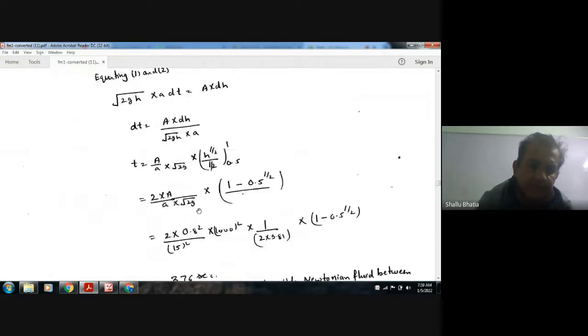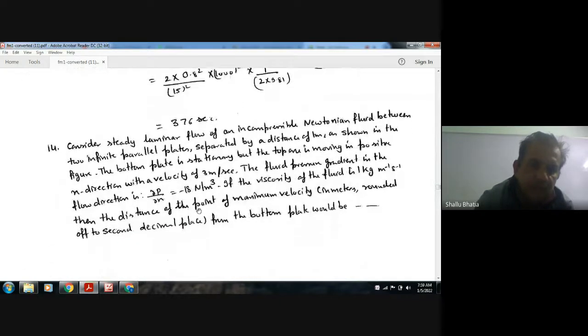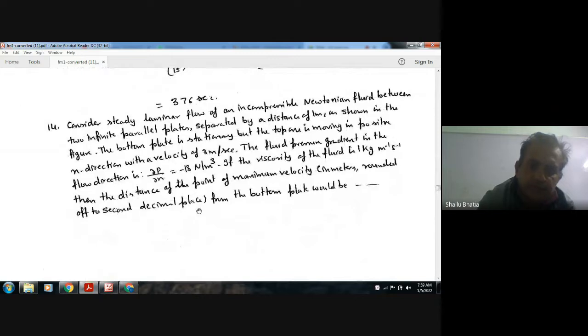Okay. Next, consider steady laminar flow of an incompressible Newtonian fluid between two finite parallel plates separated by a distance of 1 meter, shown in the figure. The bottom plate is stationary, but the top one is moving in the positive x direction with a velocity of 3 meters per second.